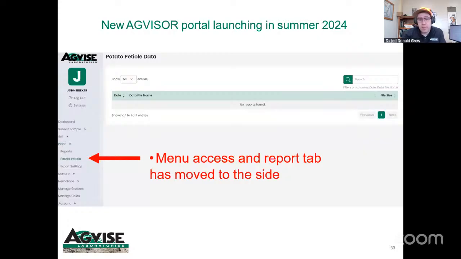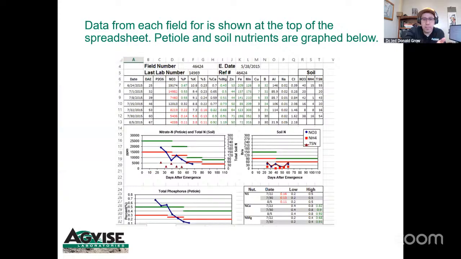At AgVise, we pride ourselves on that next-day turnaround as soon as it gets to us. So we'll bring it down from the Canadian border, we'll get it here, we'll dry and grind it, and we'll report it to you next day. We have a beautiful online AgVisor portal. You have all your plant, soil, tissue reports. This is an example of a potato petiole report.